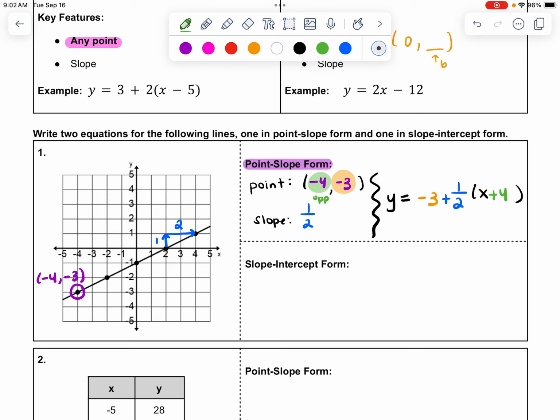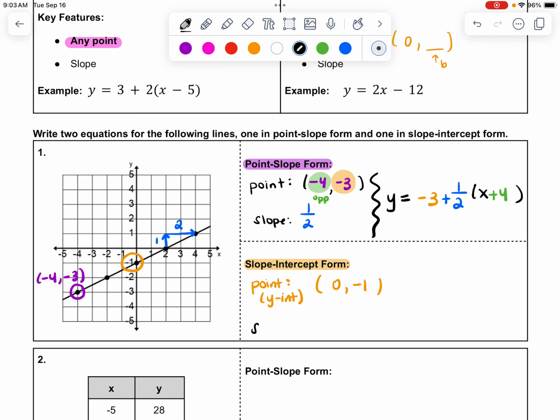Now, slope-intercept form is very similar, but instead of choosing any point, we're going to choose a particular point. We're still going to have a point, but this point is going to be the y-intercept specifically. So it has to be 0, something. On this graph, the y-intercept is -1.